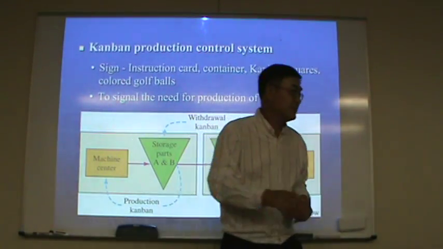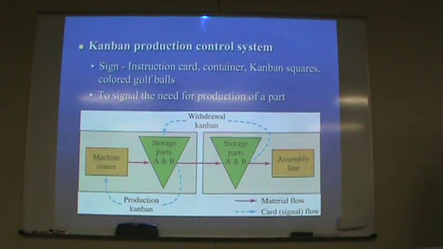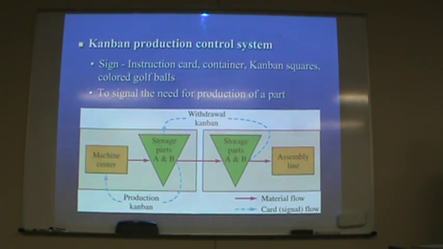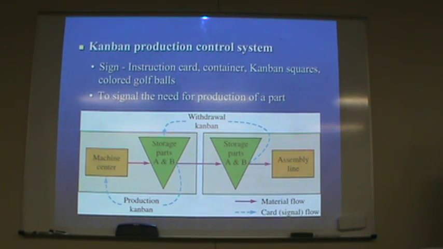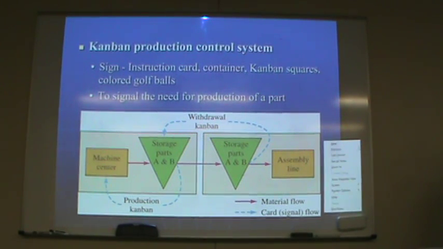Kanban system uses signs such as instruction cards, containers, Kanban squares, color, golf ball, whatever ball, to signal the need for production of parts. I need empty.